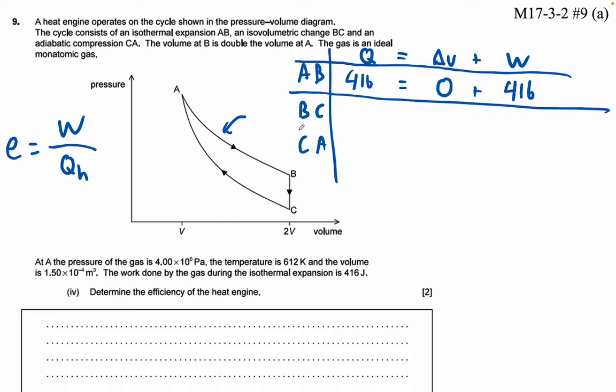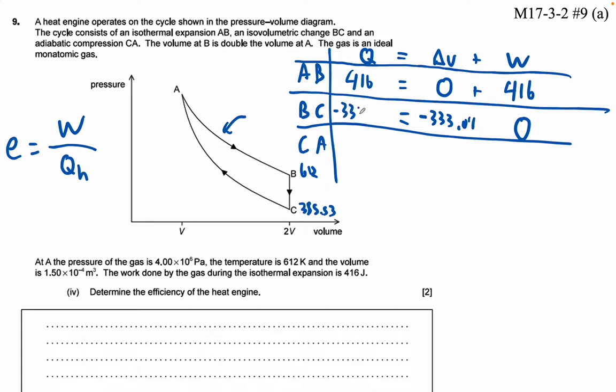And by the way, that's the only heat that flows in. Now for BC, since the piston didn't move, we knew that the work was 0. And then we knew that the temperature went from 612 to 385.53, so we figured out that delta U was negative 333.04, and so Q is negative 333.04.